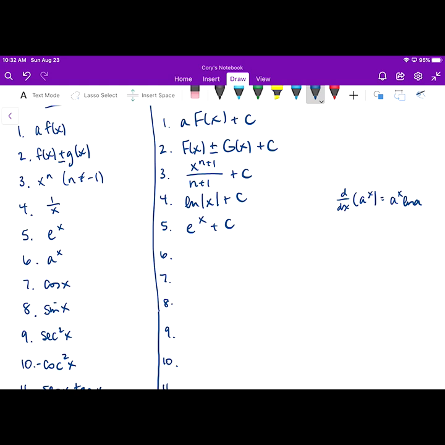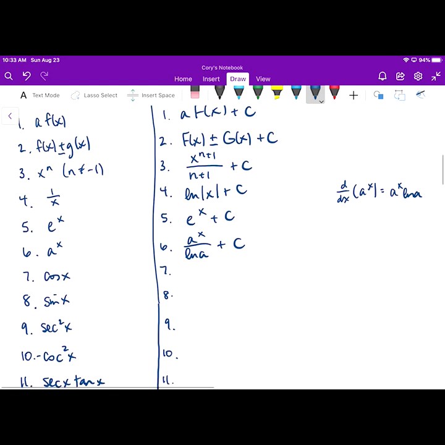So if when we take a derivative, we have to multiply the exponential by the natural log of a, when we take an antiderivative, we have to divide the exponential a raised to the x power by the natural log of a. Okay, and then we add our constant c to the end.